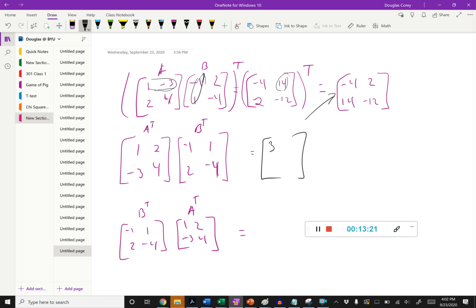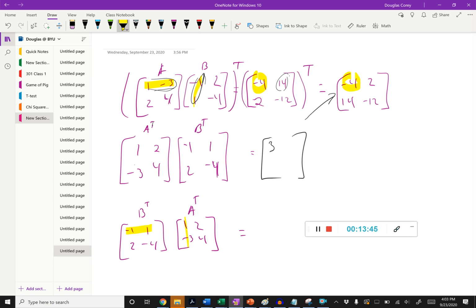But if you switch the order, then you get this -1, 1 times a 1, -3. And those were exactly the columns and rows that we were taking as the dot products to get our entry over here, and over there.